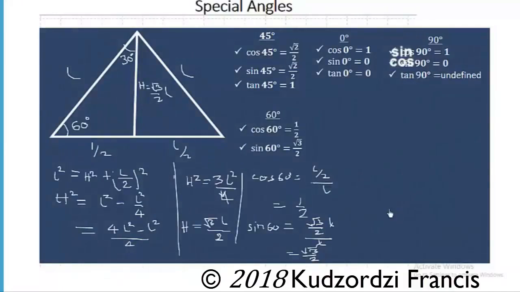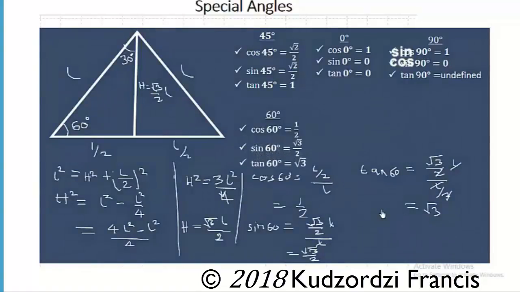Then we find tan 60. Tan 60 will be equal to root 3 over 2 L over L over 2. So this will cancel, this also cancels. So we are left with root 3. So tan 60 is equal to root 3.